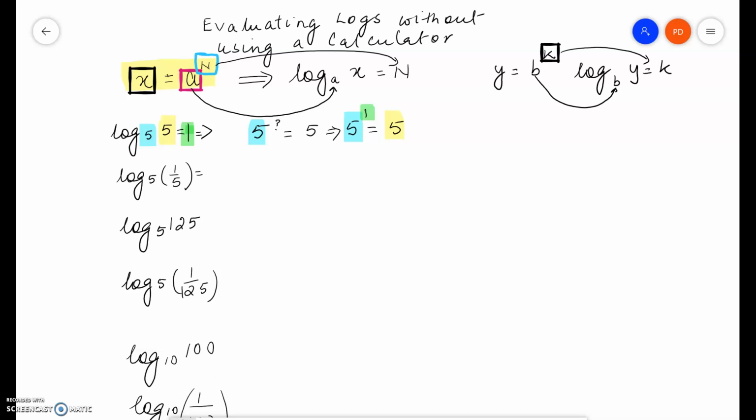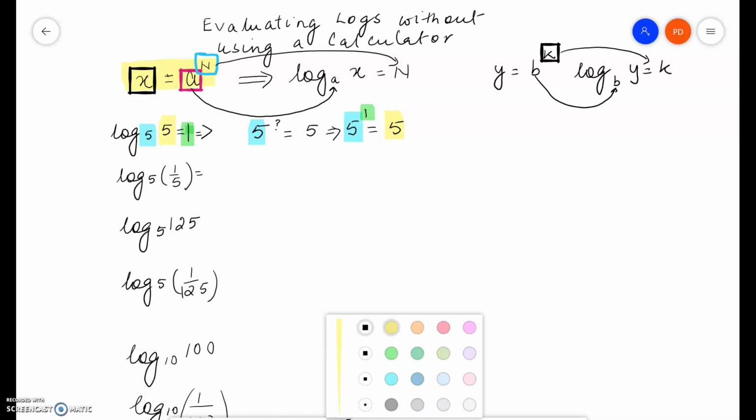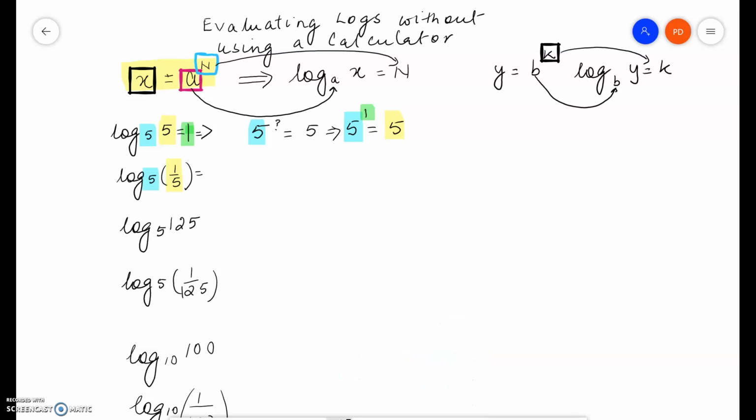We need to figure out log of 1/5 to the base 5. So the number for which we're trying to find the log is 1/5. The base is 5. So what we need to ask ourselves is, let's write down the base first. The base to the what equals 1/5. Remember the base of the log is the base of the exponent here.